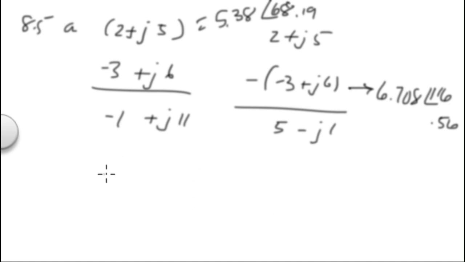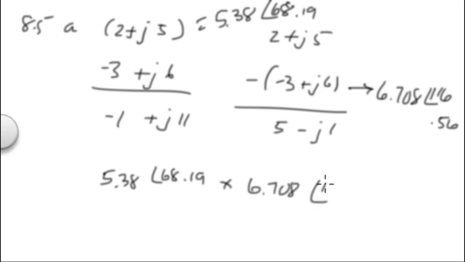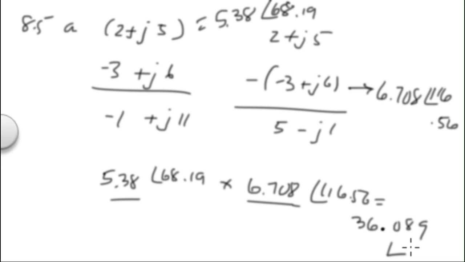So if I multiply 5.38 at angle 68.19 times 6.708 at angle 116.56, I multiply the magnitudes: 5.38 times 6.708 gives me 36.089, and then an angle of 68.19 plus 116.56, or 184.75. So that's my answer for the multiplication.